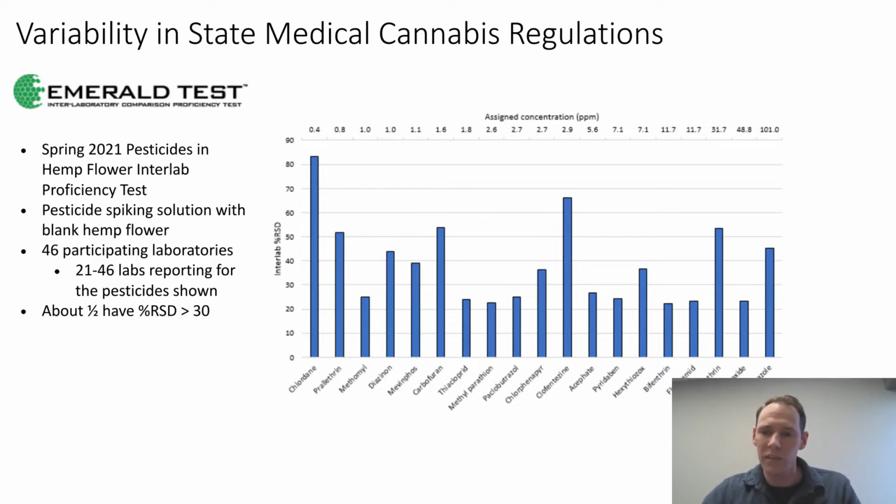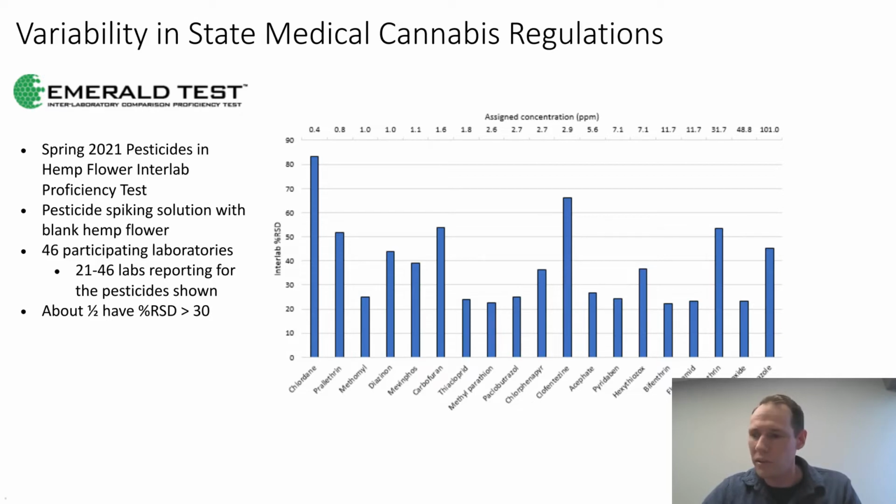So for this test, each lab was supplied with a spiking solution containing the pesticides to be tested, as well as a blank hemp matrix material. And the labs were instructed to spike the pesticides directly into the hemp and then quantitate with their own methods that they utilize in each lab.